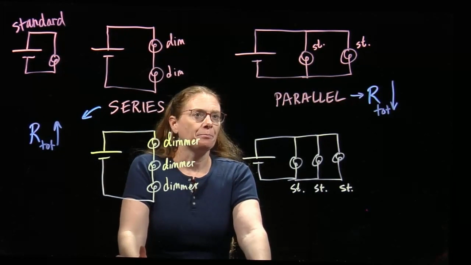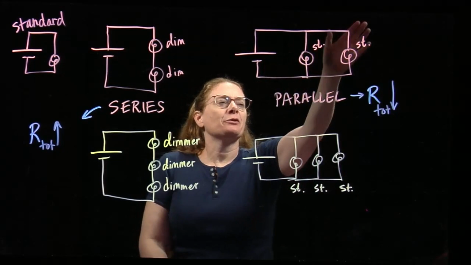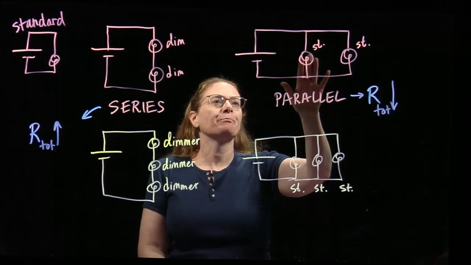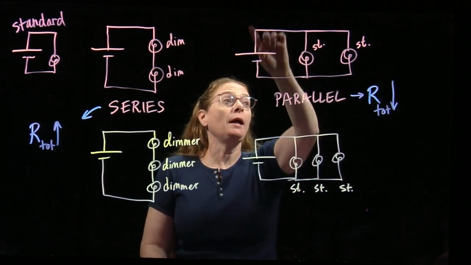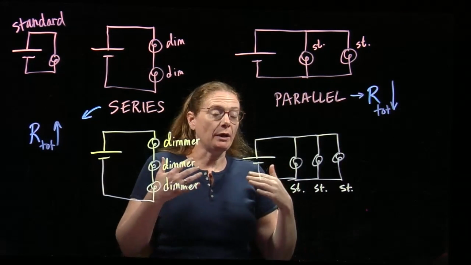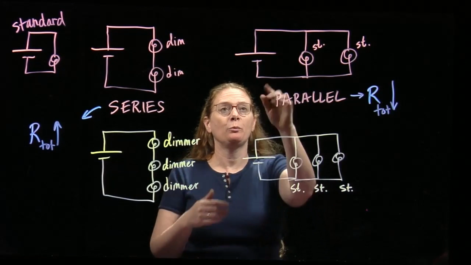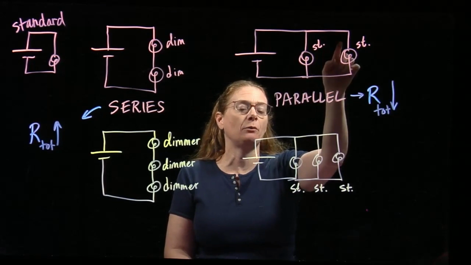With parallel, this is really cool. If there's just one bulb, the battery says, okay, I have to light one bulb. I add another one. The battery says, okay, I've got to light this one, and I've got to light that one. I have to put out more juice. I have to put out enough flow to cover this one and to cover that one.